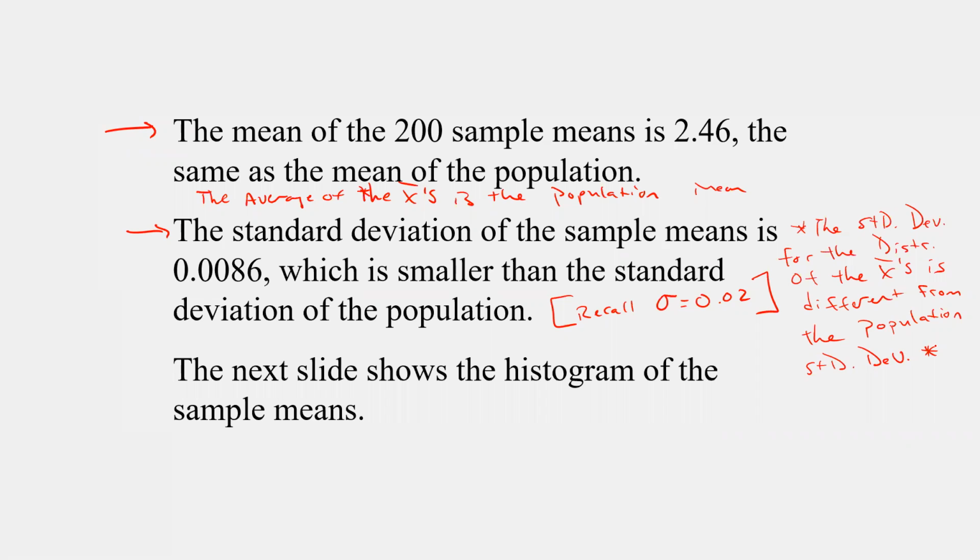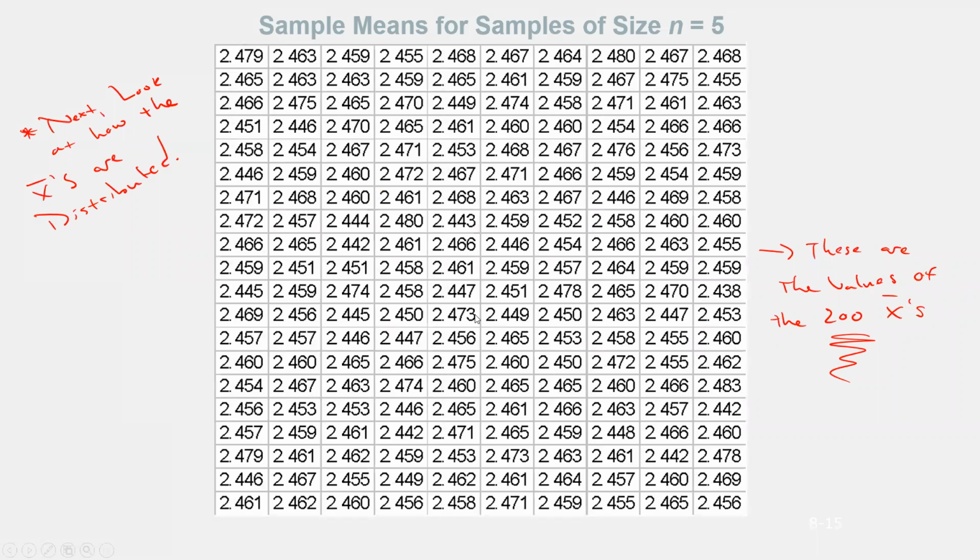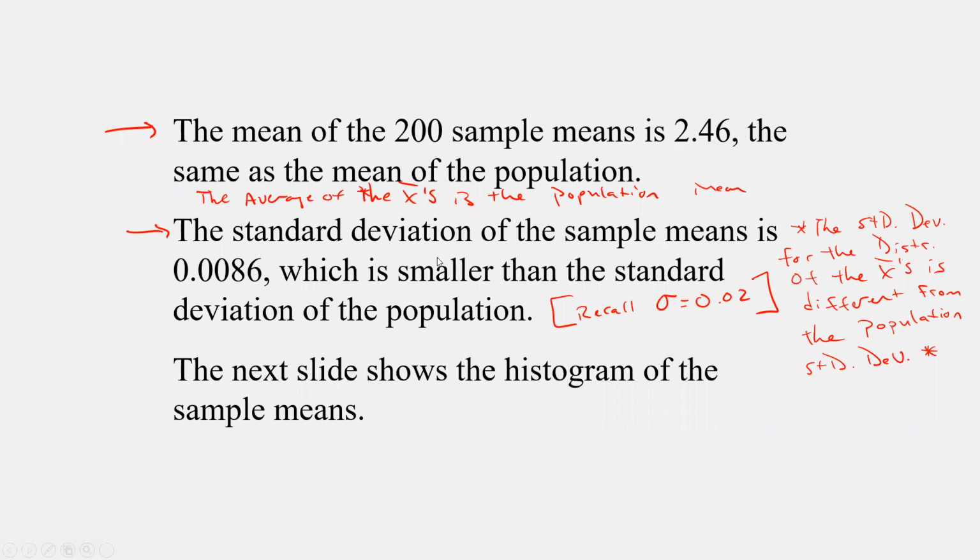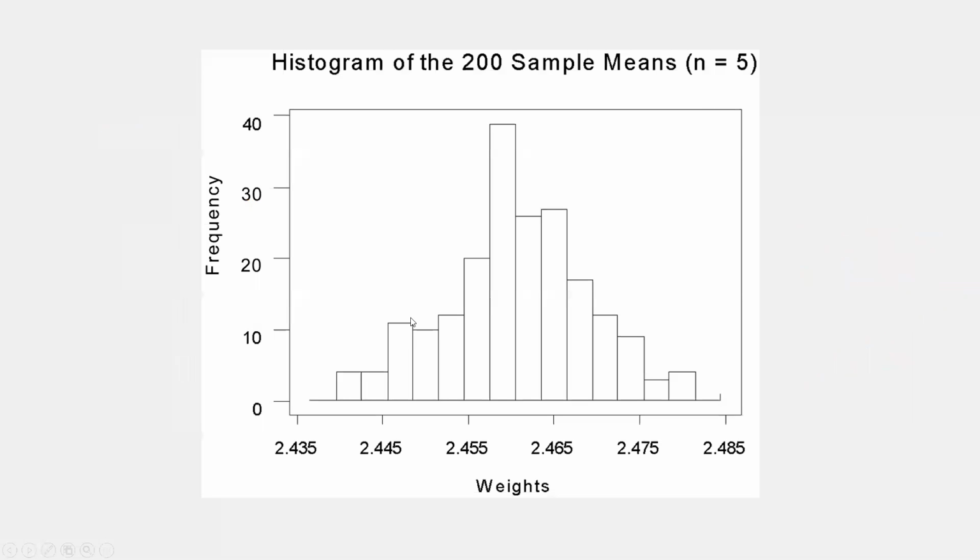So what I did in the next slide is I took all these 200 sample means and constructed a histogram of them. Is everybody okay if I go to the histogram and talk about it? Check this out.